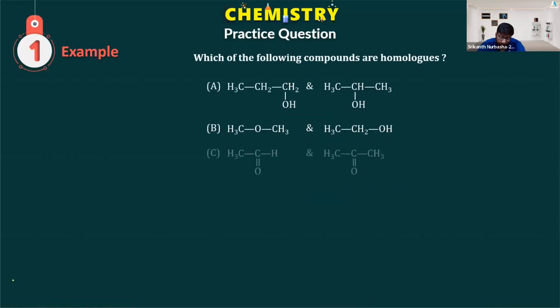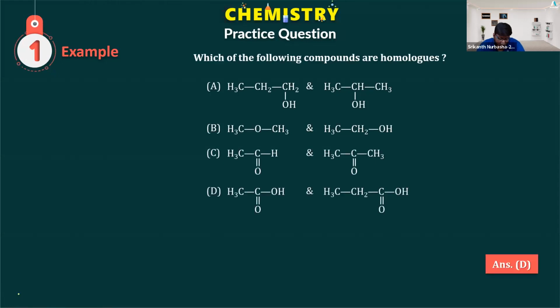Example 1: which of the following compounds are homologues? Look at A and B, CH3CH2CH2OH and CH3CHOHCH3. Both are alcohols, but are they homologues? There is no increase in molecular mass, so they are not homologues. In C, there is a difference in the functional group, so not homologues. CH3CHO and CH3COCH3: there is again a difference in the functional group, because the first one is an aldehyde and the second one is a ketone.